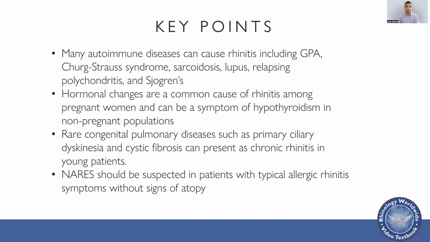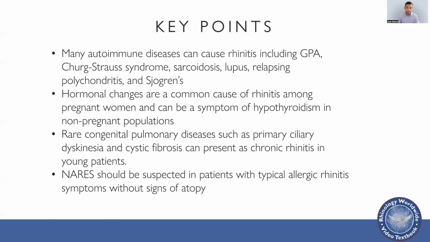So the key points to take home here are the following. There are many autoimmune diseases that can cause rhinitis, including GPA, EGPA or Churg-Strauss, sarcoidosis, lupus, relapsing polychondritis, and Sjogren's disease, amongst many others. Hormonal changes can also cause rhinitis, particularly amongst pregnant women, and can be a symptom of hypothyroidism in non-pregnant populations.